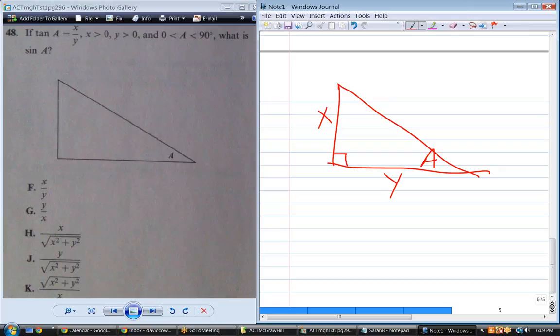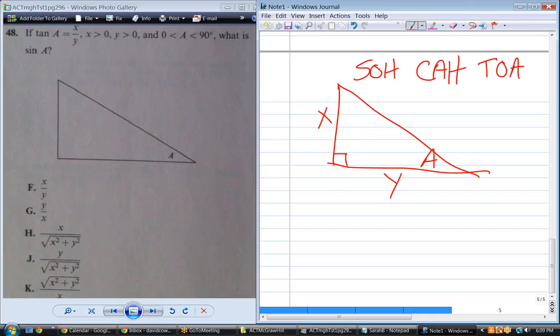The sine is the opposite over the adjacent? Hypotenuse. Okay, sorry. So sine is opposite over hypotenuse. Cosine is adjacent over hypotenuse. Tangent is opposite over adjacent.